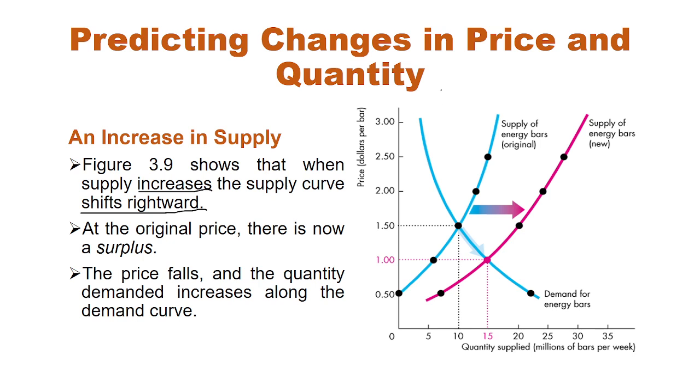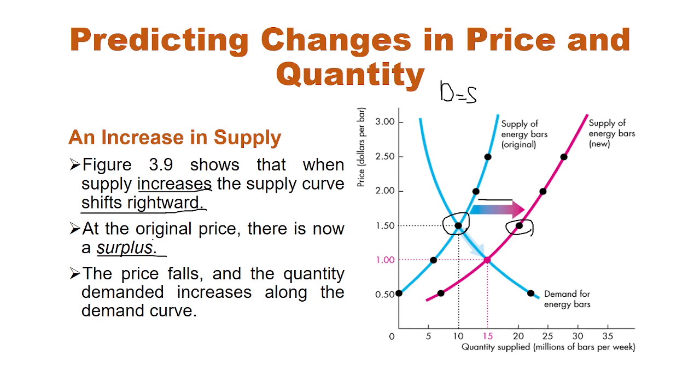We have the condition where demand equals supply, and we show it by the original equilibrium price here at $1.50. But the supply curve shifts to the right to show the increase. At the original price, now we have a surplus, because the amount of supply is more than the amount of demand.